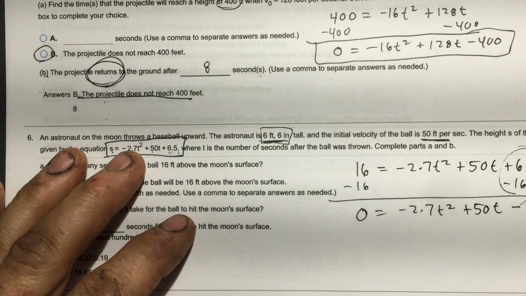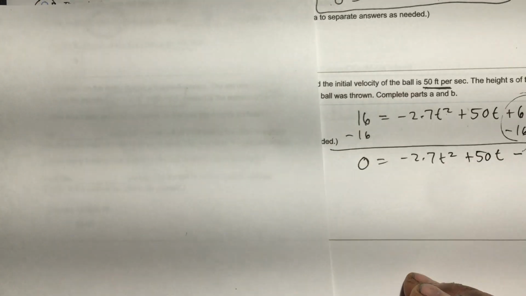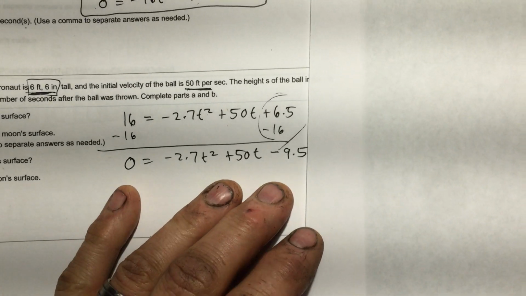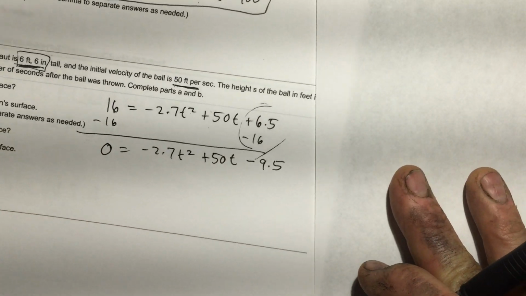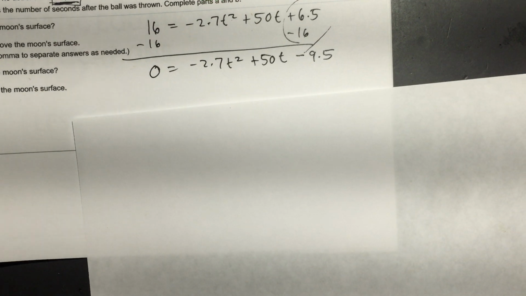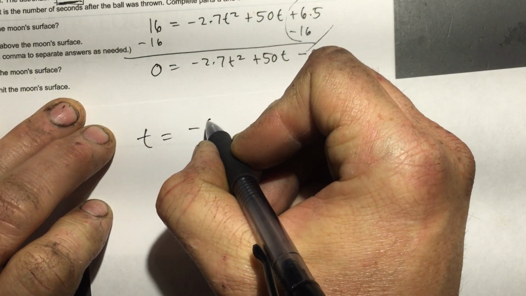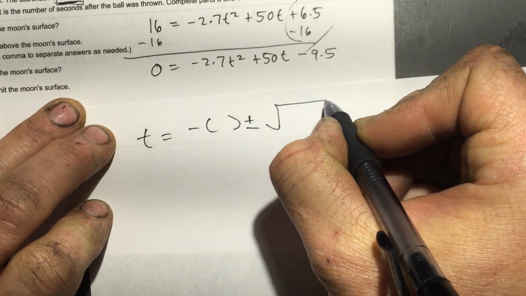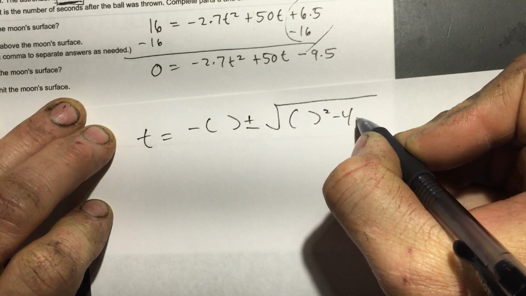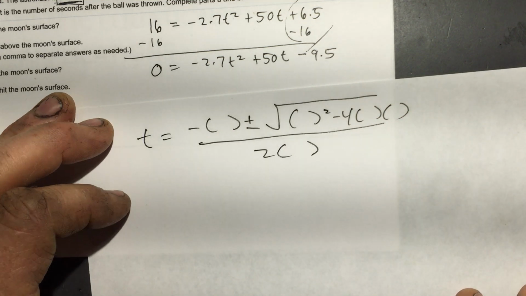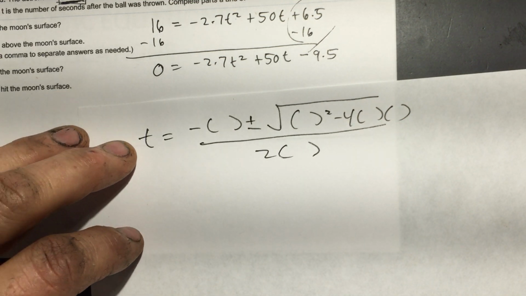All right. So let me see if I can put it on the other side. So let's move this over. There we go. t equals negative b plus or minus the square root of b squared minus 4ac all over 2a. Well, you're going to be tired of that song.